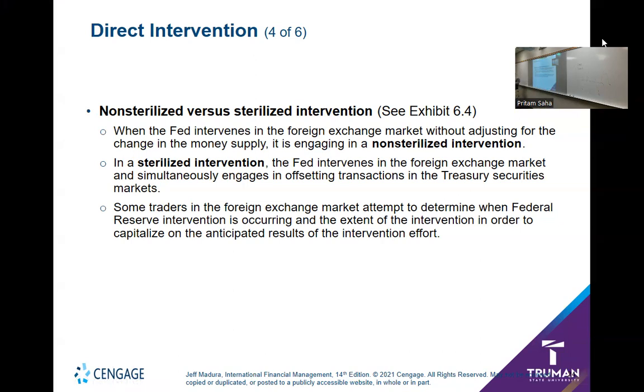We'll go over an example and things will be clear. Sterilized means intervening in the foreign exchange market and simultaneously controlling the money supply. Let me explain.